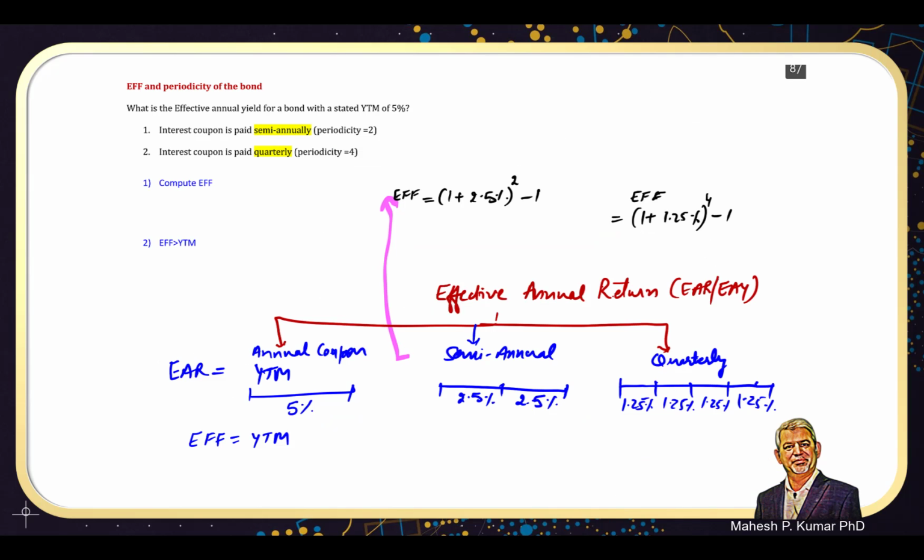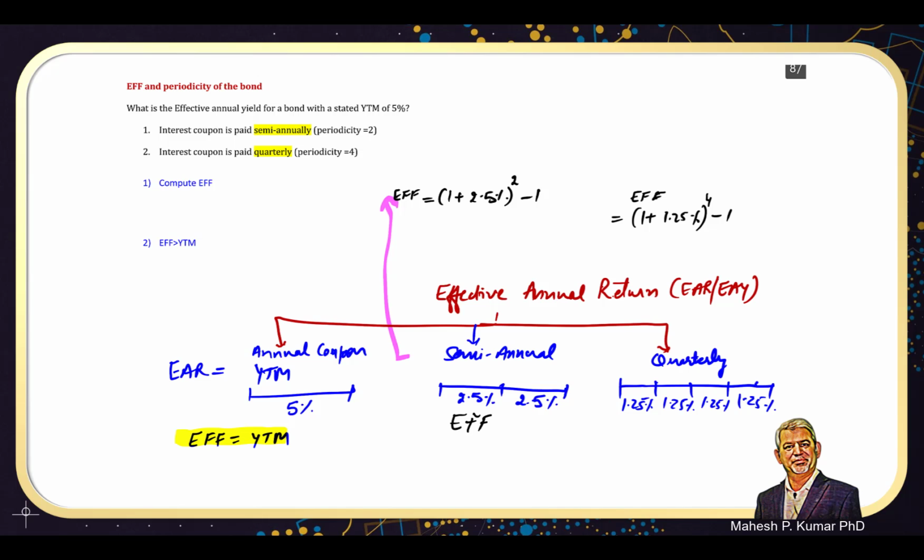So as we said, the effective annual rate for an annual coupon paying bond would be the same as its YTM, but it won't be the same for a semi-annual one. Effective annual rate would actually be a little greater than YTM when the bond pays semi-annual coupons.